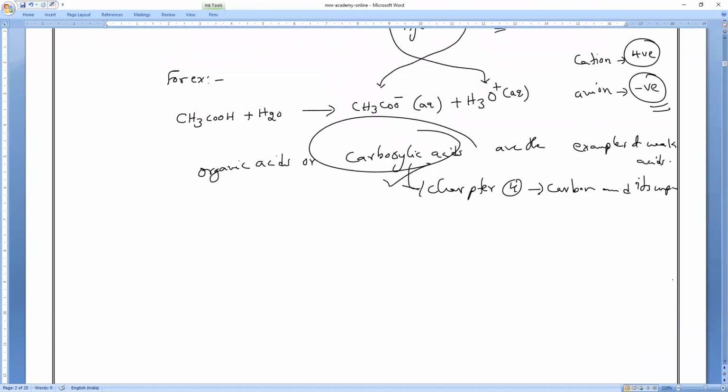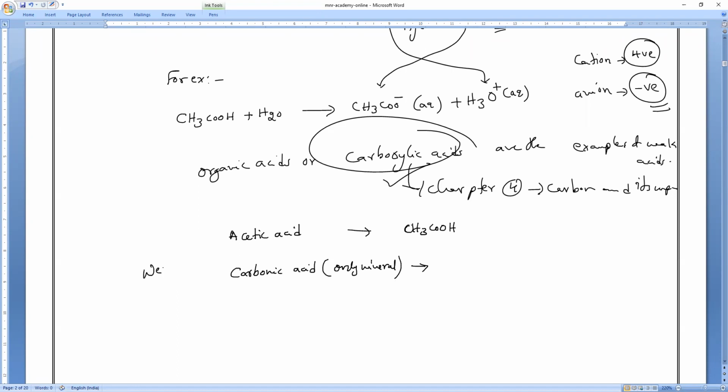Now let me give you some examples. Acetic acid is an example of a weak acid, CH3COOH. And the one and only mineral acid that is a weak acid is carbonic acid. Please remember, it is a weak acid.